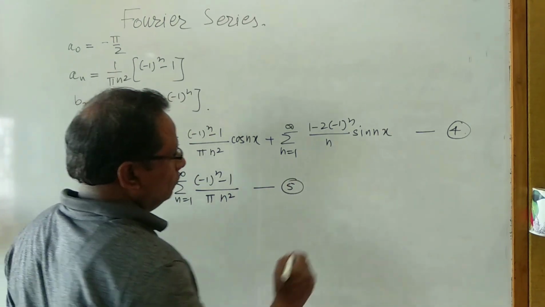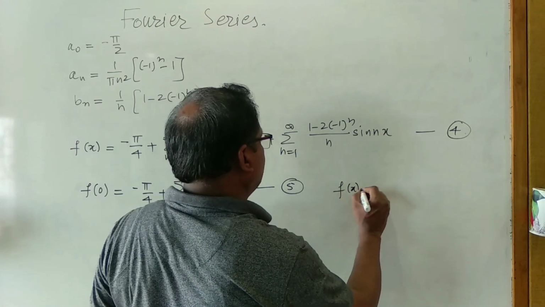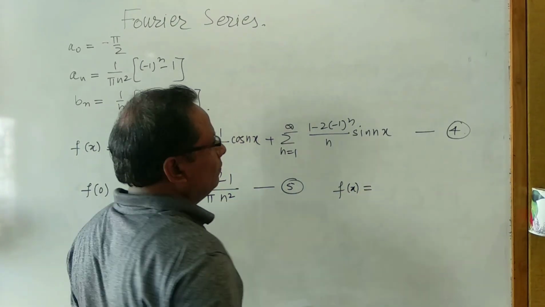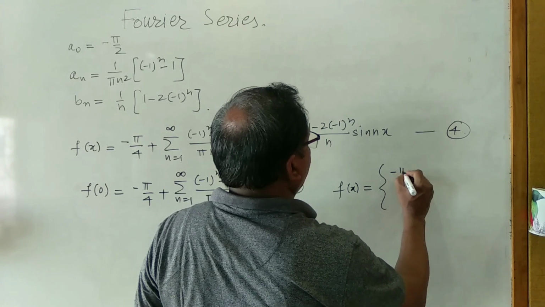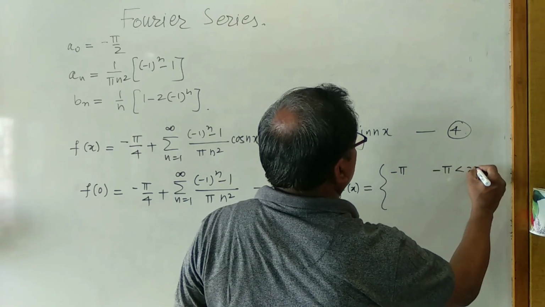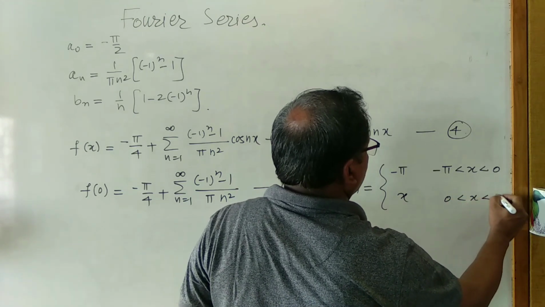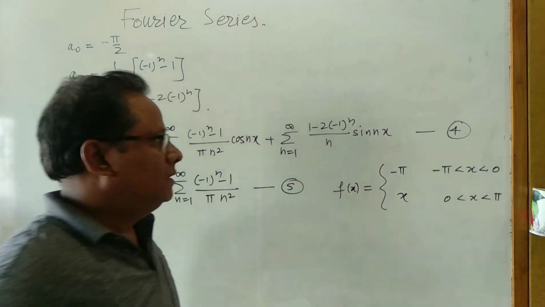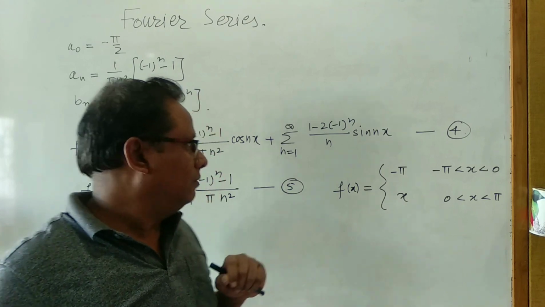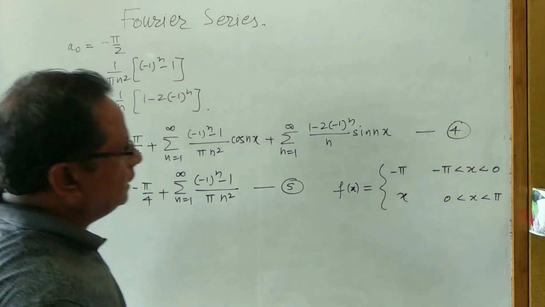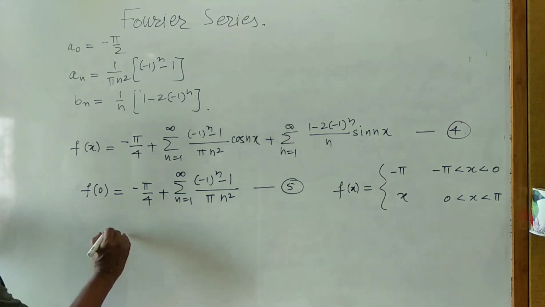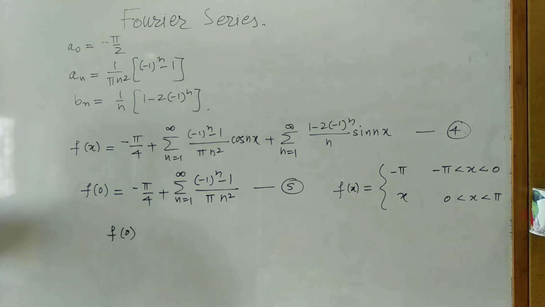Now if you recall, we have defined f of x in the given example like this: f of x equals minus pi for minus pi less than x less than 0, and it is x for 0 less than x less than pi. That means this f of x is not defined at x equals 0 in the given example. So in that case, we find f of 0 by taking the average of the limits of f of x from left and right as x tends to 0.